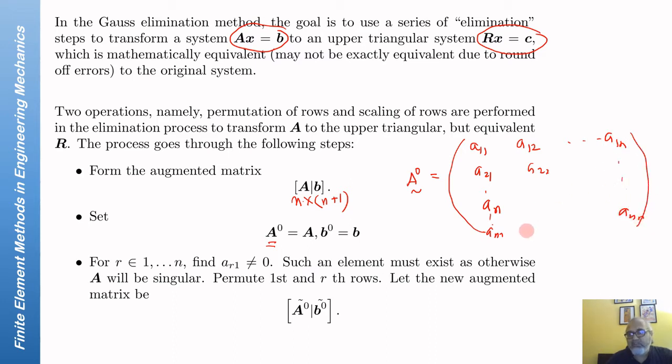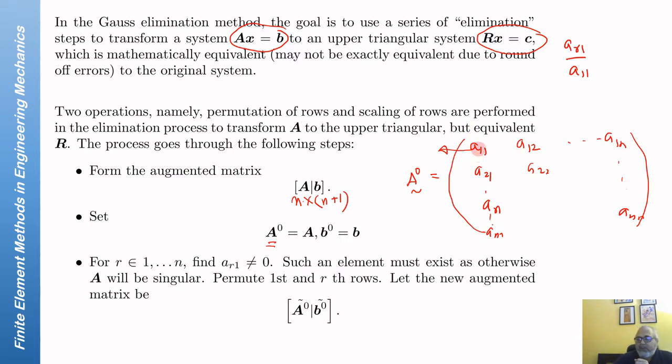So this is my system, and now I'll have to eliminate the first column from here. To do that, the first thing I need to see is whether A11 is equal to 0. If A11 is equal to 0, remember, for the rth row, I will have to multiply it by AR1 by A11, and I cannot do that if A11 is 0.